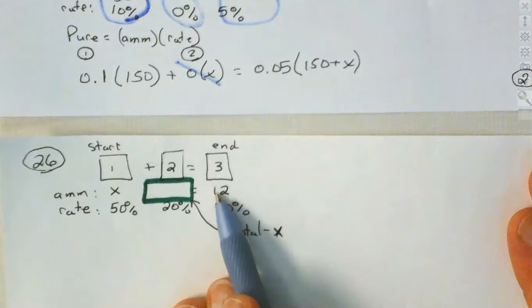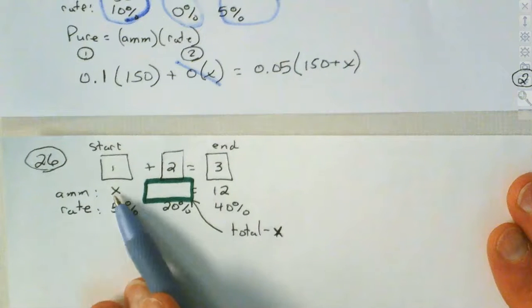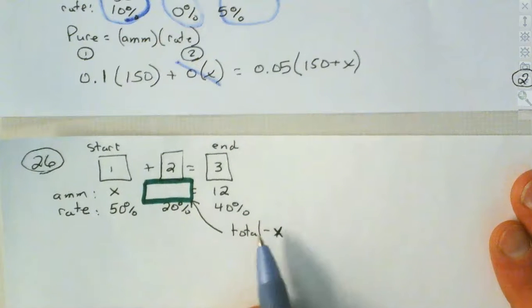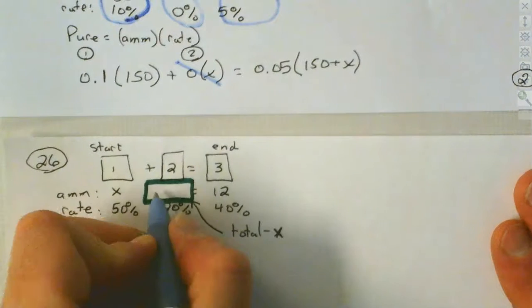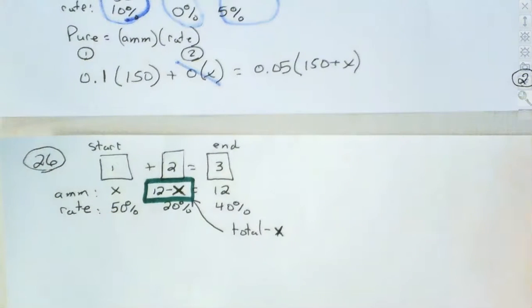When I mix them together, I want 12 gallons, right? So if you don't know either one, and the first one is X, the second one is the total minus X. So what would that be? 12 minus X. It's always the total minus X every single time.